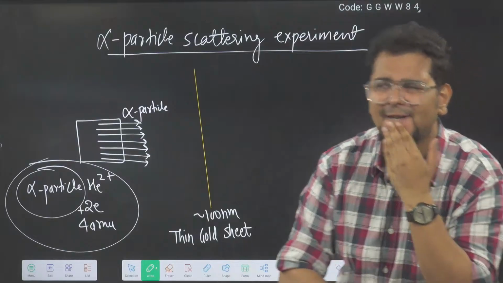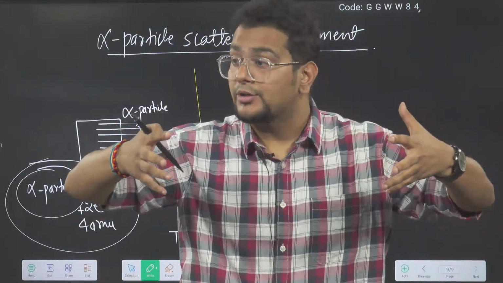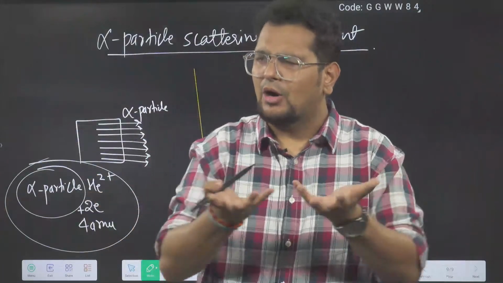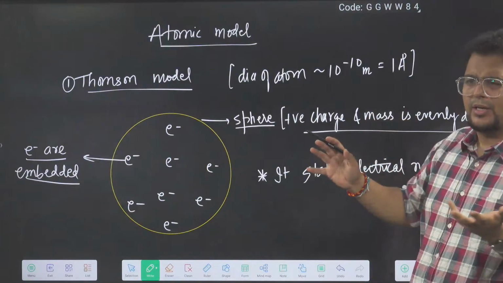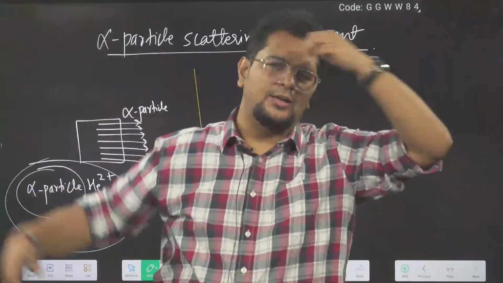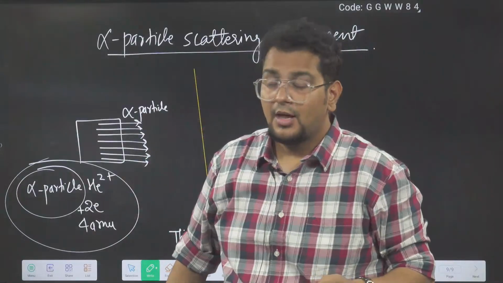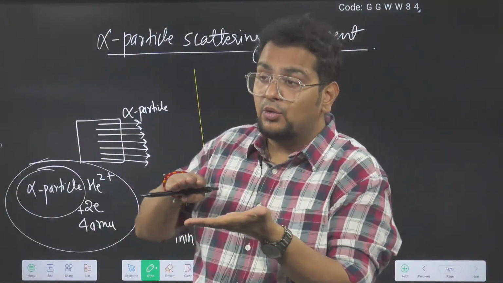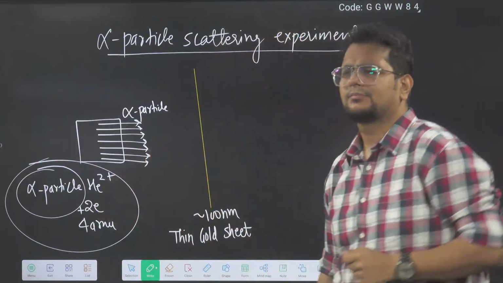Now tell me, if you are humans scattered and an elephant is coming towards you, according to Thomson, mass and charge are evenly distributed. If Thomson is correct, and you are scattered in a field and an elephant is running towards you, will the elephant be able to cross you, or will it strike you and bounce back?